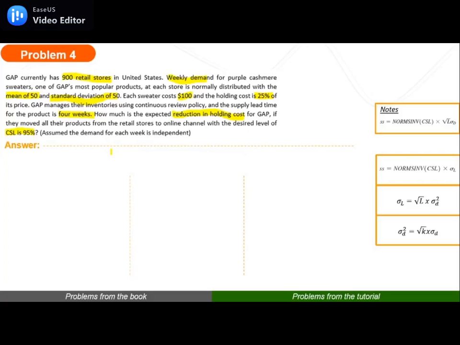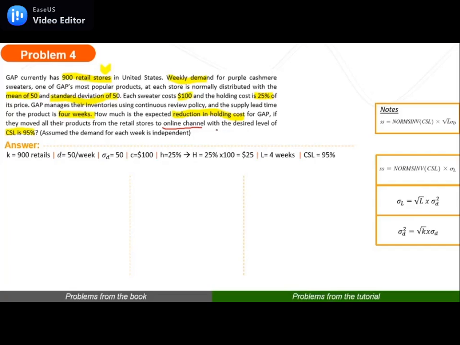So in this problem, we need first to compute the inventory cost when we use the retail stores, or disaggregated, and then when we use the online channel, or aggregated. And we also have to take attention that our desired level is 95% CSL.